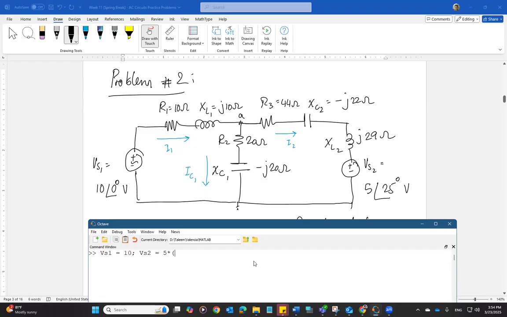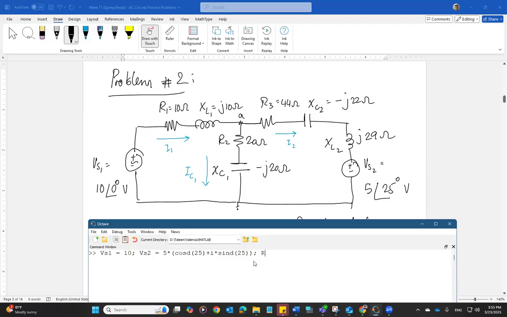So I'm just gonna do cosd of 25 plus I times sind of 25. Just make sure that your parentheses are balanced.